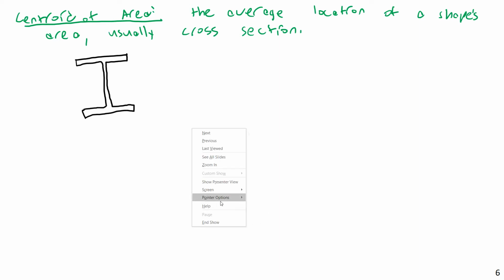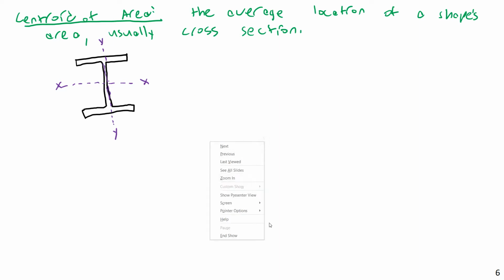Maybe I have an x-x axis here and a y-y axis here. For a shape that is doubly symmetric, the centroid is just going to be right in the middle. So the centroid would be right there.